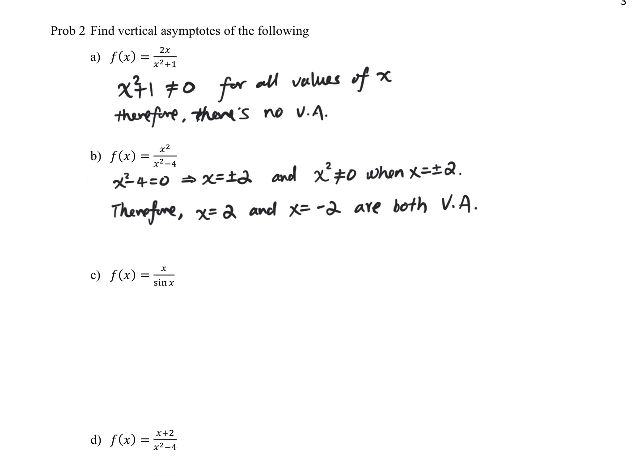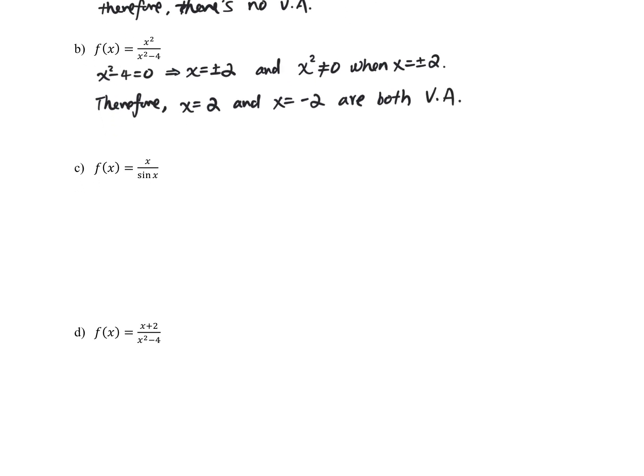Next, let's look at x over sine x. My first step is to find the values so that the denominator is equal to 0. Sine x is a periodic function, and sine x equals 0 when x is equal to 0, pi, 2 pi, 3 pi, and so on, and of course negative pi, negative 2 pi, and so on.